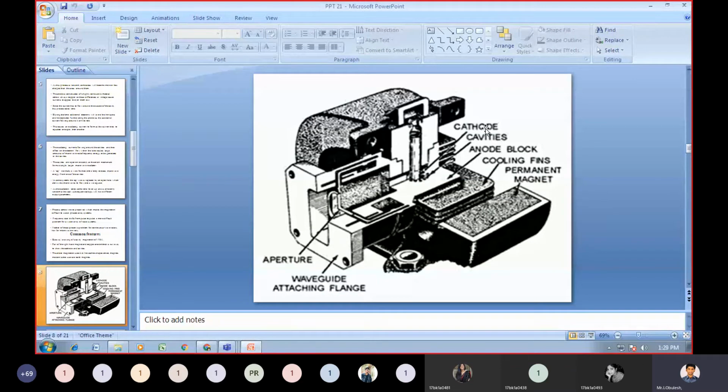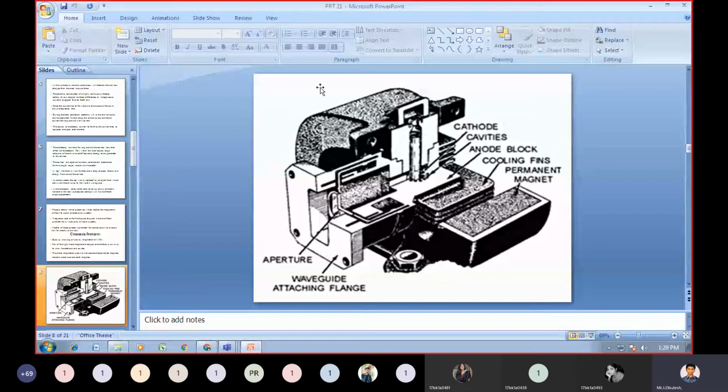This magnetron was designed in 1984. The part of the right hand magnet and copper anode block is cut away to show the cathode and cavities.